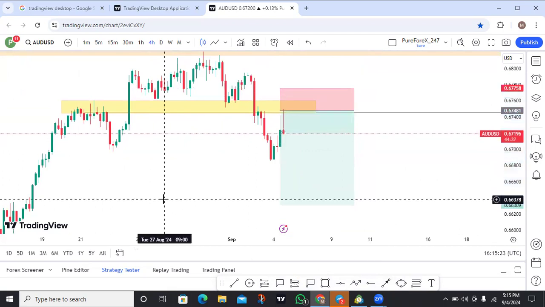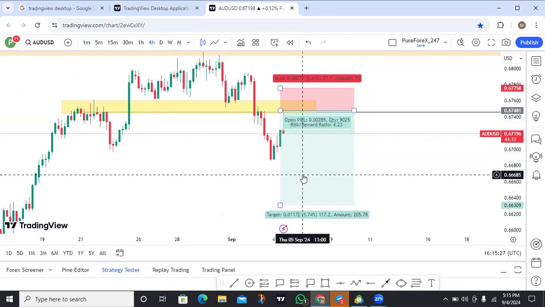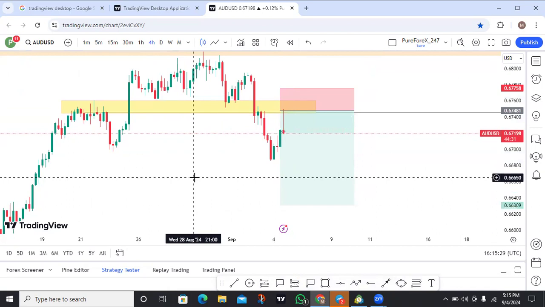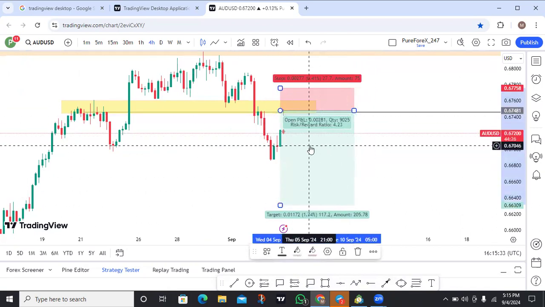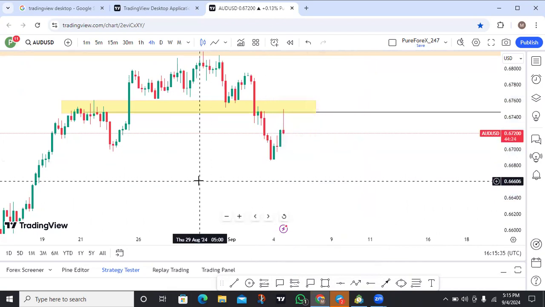So we'd have gotten like 4%, but then I can also maximize this 4% on the lower time frame, looking for a smart entry confirmation on the lower time frame. So if I get that entry confirmation, I'm going to enter this trade again and again. I'm going to add more position on this trade.